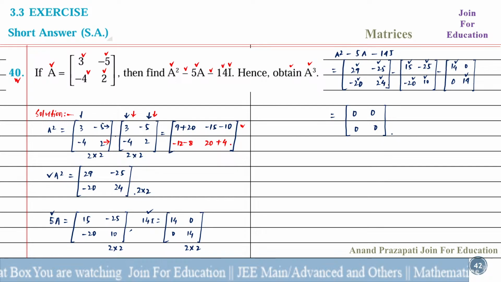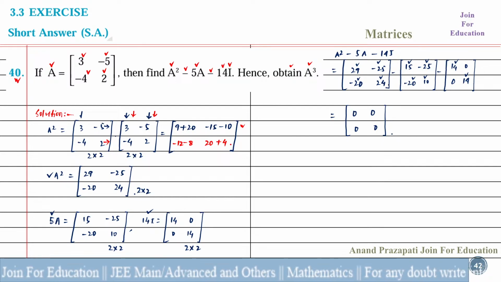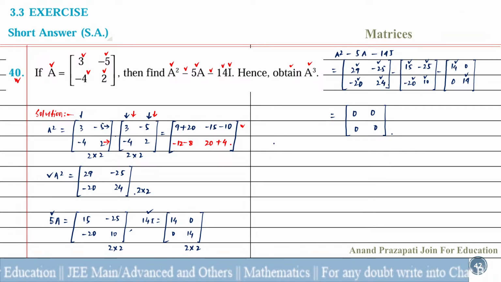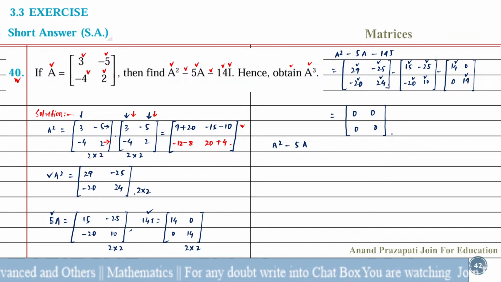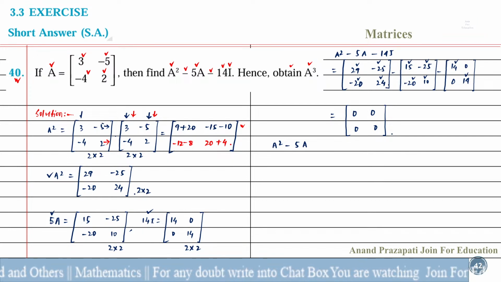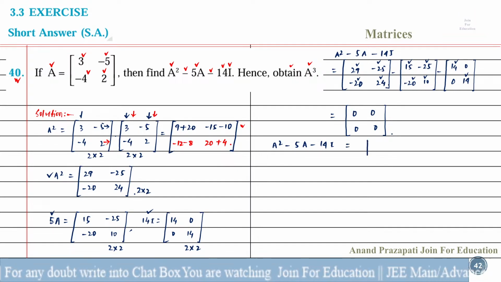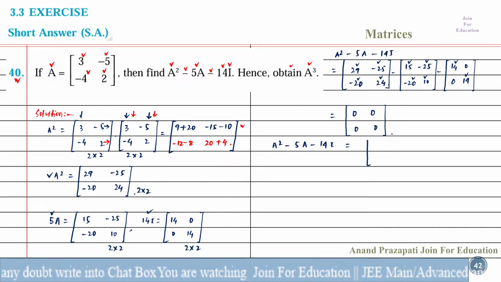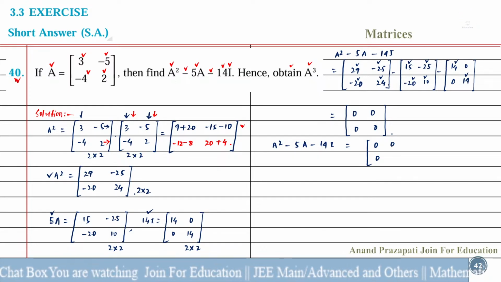When multiplying each term by a, then we get, let's see here, a square minus 5a into 14I equal to what? This is the 0 0 0 0.